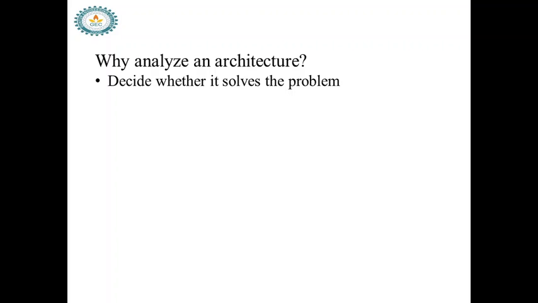If the problem is one and the solution is another, it may not match. So first they will check whether this architecture aims to solve the given problem. If it is fulfilling the requirement, then only they choose the architecture. Otherwise, they will change the architecture as per the user's requirement.